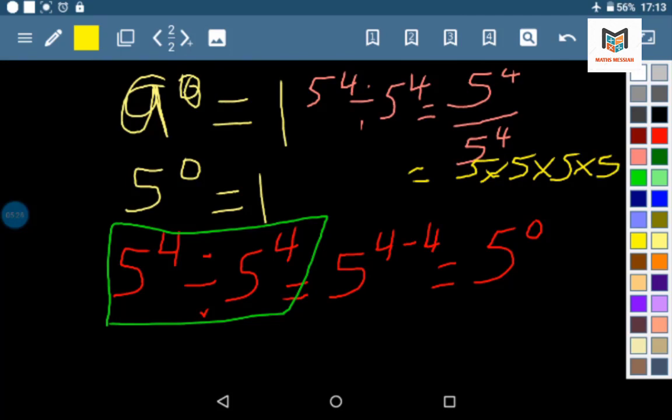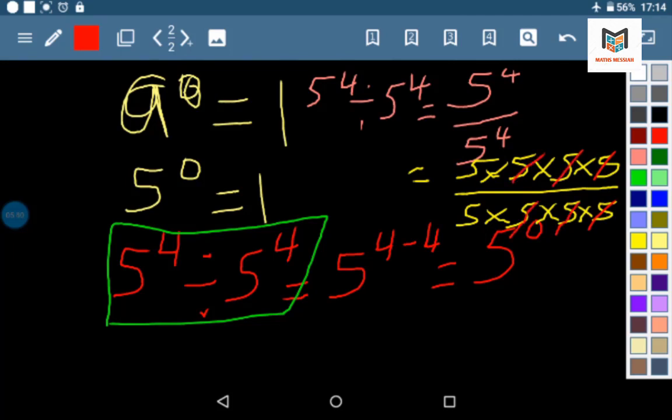So we have 4 of it. Then we divide it by 5 by 5 by 5 by 5. And we have some cancellations. Each 5 at the top will cancel each one at the bottom. That is, the numerator and the denominator will cancel themselves. And the answer will be 1 divided by 1. And the final answer is 1.